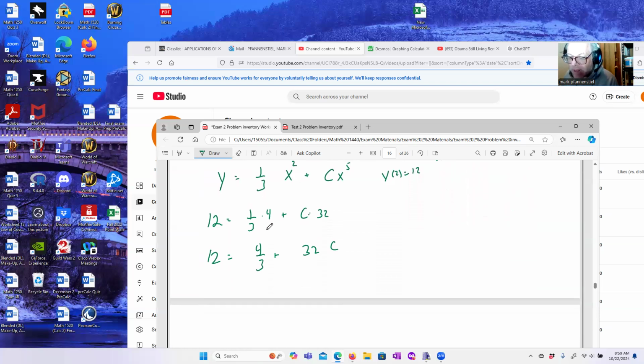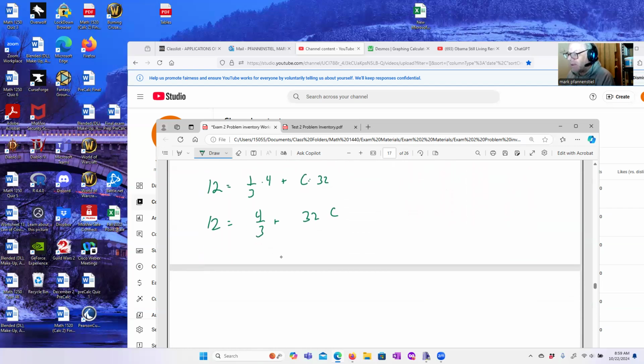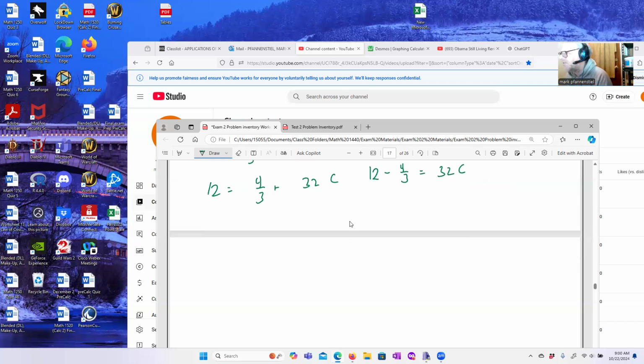Yes, equals that. So let's get rid of the 12. We need to solve for c. So 12 minus 4/3 is equal to 32c. Just algebra. Then I need to get common denominators here, so I multiply by 3 over 3. 12 times 3 is 36 over 3.